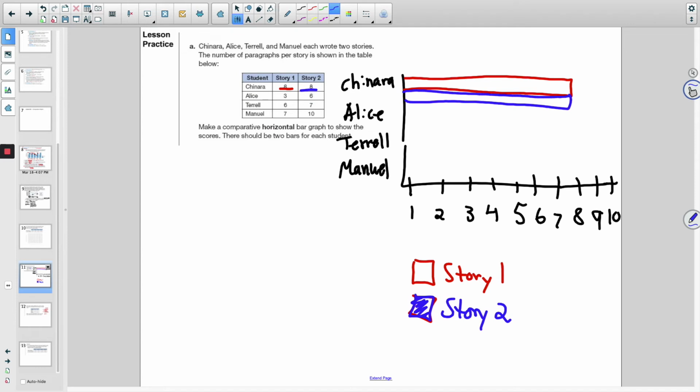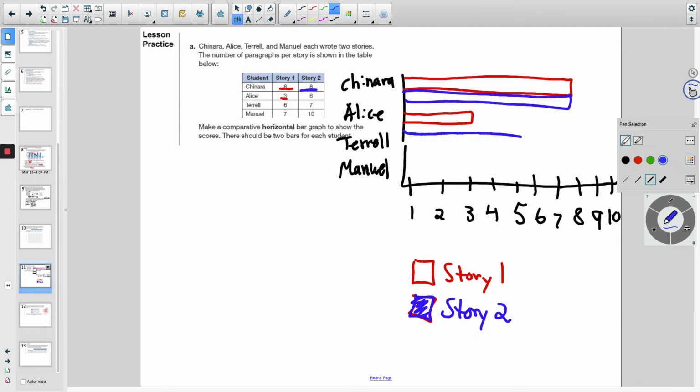All right, now Alice. Alice, story 1, she had 3, so I'm gonna have her double bar graph go up to 3, stop, come back down. Story 2, she had 6, so I'm gonna go all the way up to 6, back down.